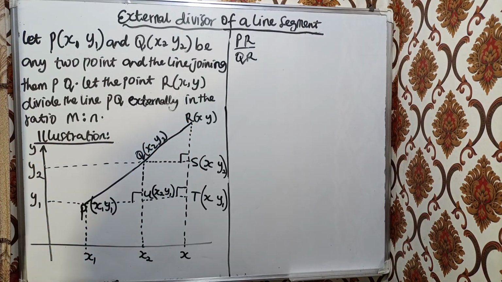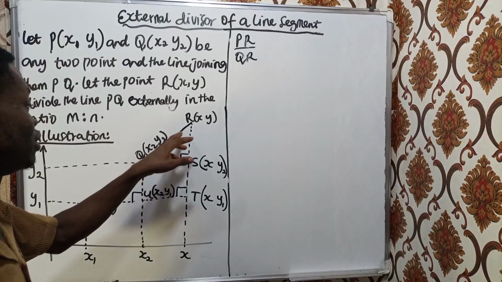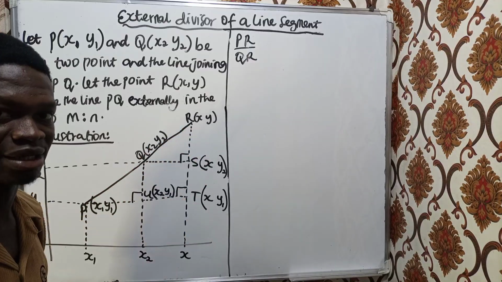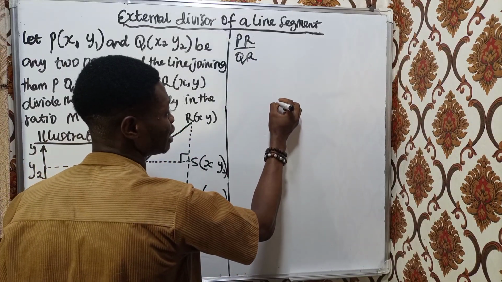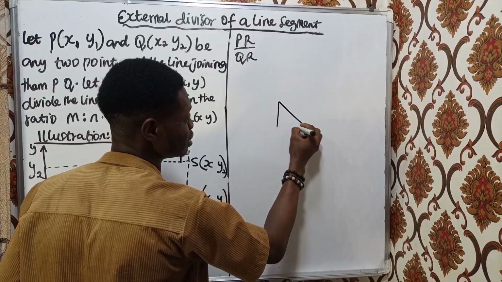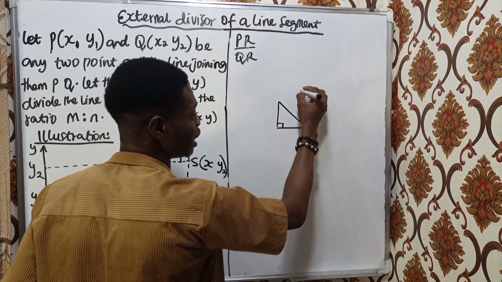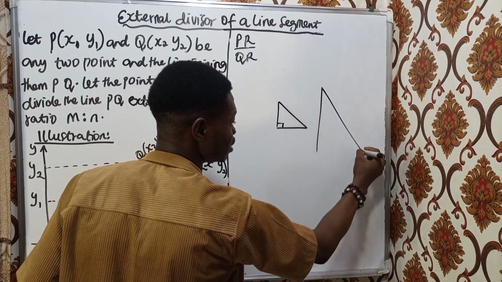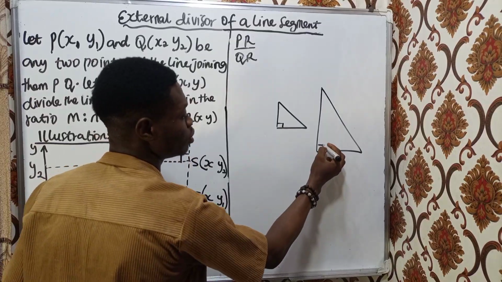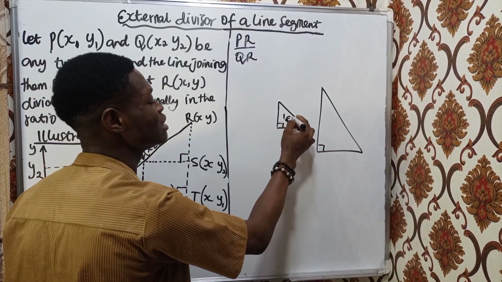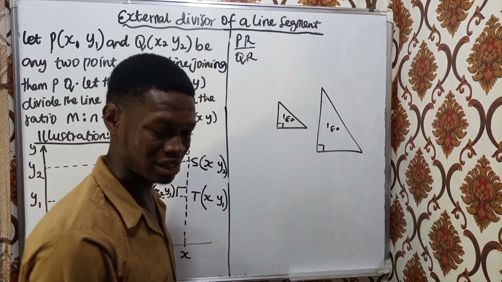Understand? The side of this one and the side of this one must be the same because they are similar triangles. It's just like you have a triangle like this, you call this one a small triangle, and you draw another triangle like this, call this one a big triangle. They possess the same angle sum, 180, 180.